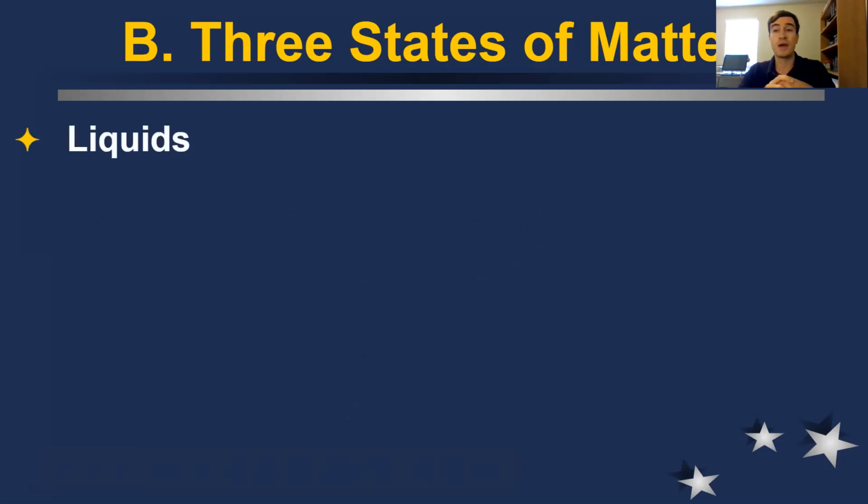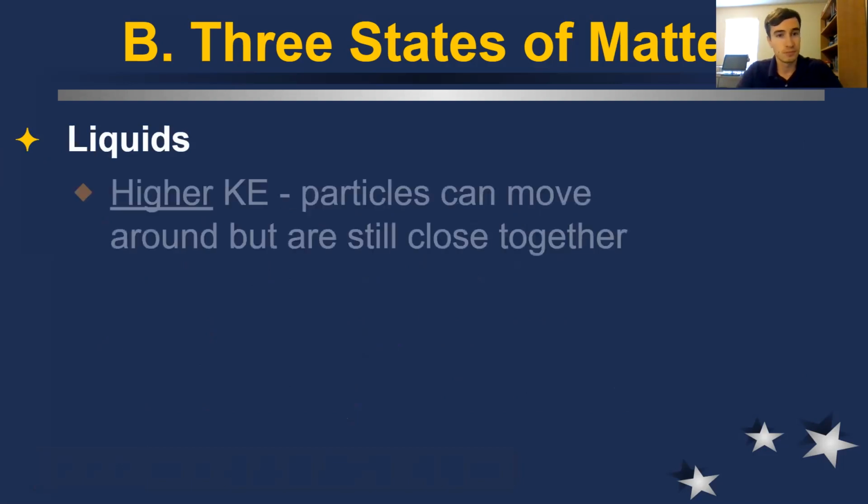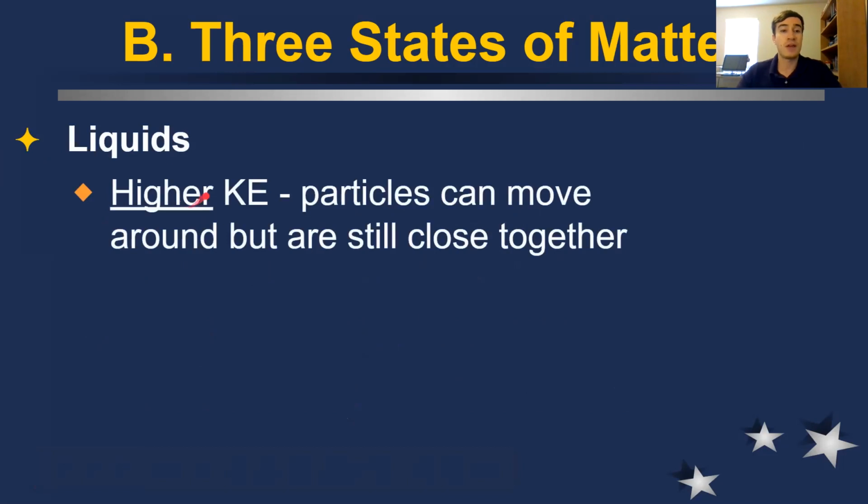So our next state of matter, if we add in a little bit of energy to our solids, we can turn them into liquids. So liquids have a higher kinetic energy than solids, right? If you think about a liquid like water, there's a lot more motion going on there.